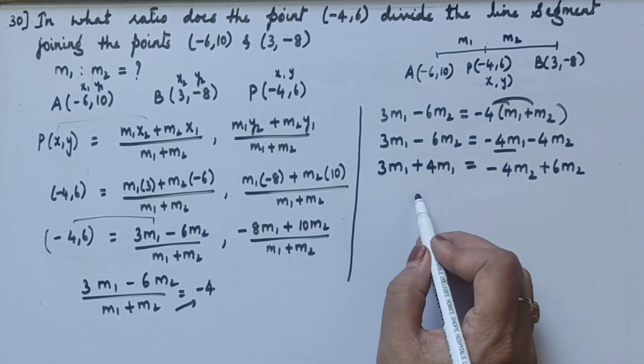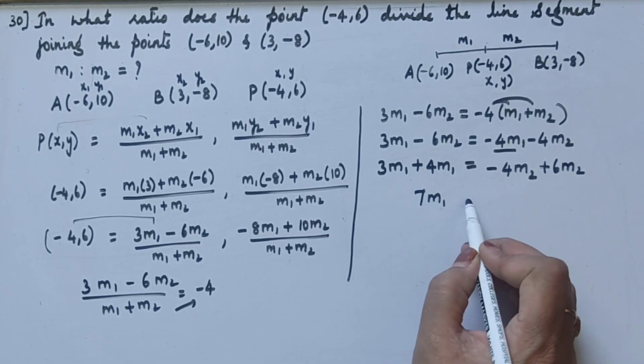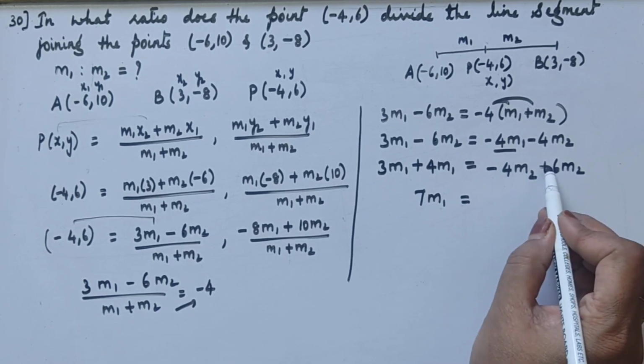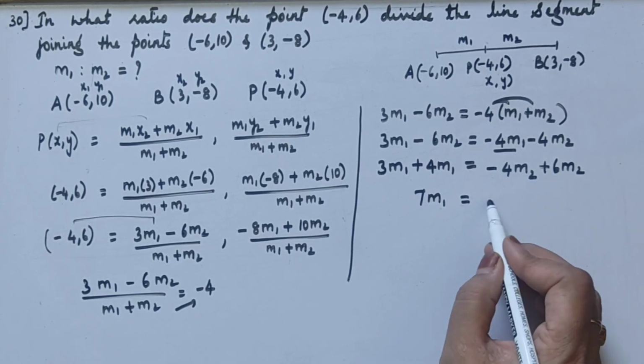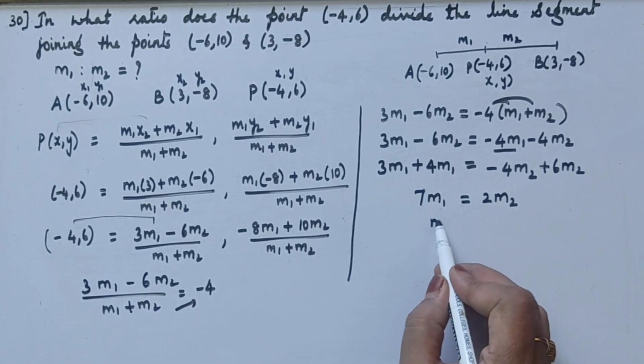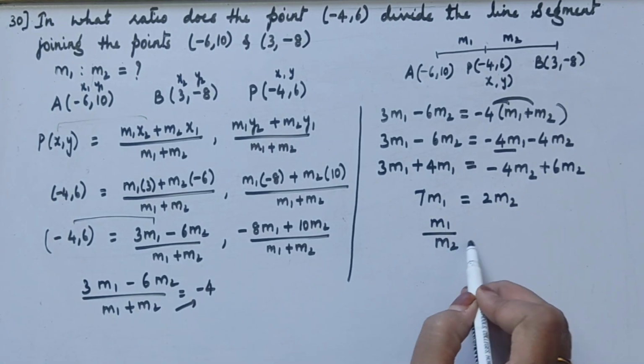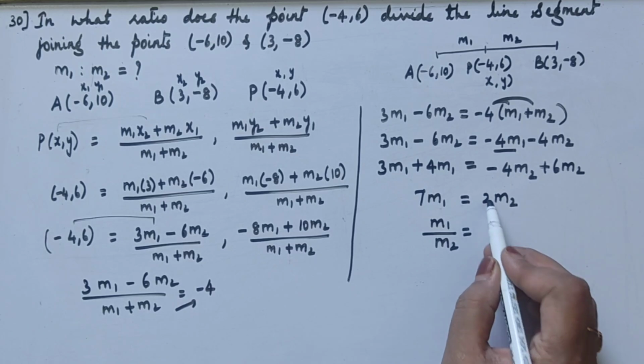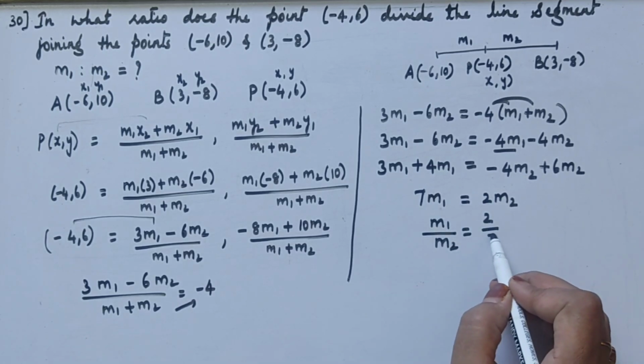Okay, when we add these both you get 7m1 equals, minus into plus is minus, let us subtract, I get 2m2. Okay, so m1 upon m2 equals, I have got to take this 7 down.